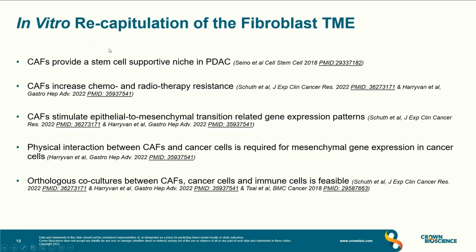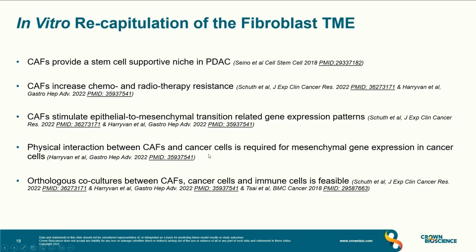We already know that fibroblasts can provide a stem cell supportive niche, especially in pancreatic cancer. We know that CAFs increase chemo and radio resistance, and stimulate mesenchymal features and metastasis by being involved in epithelial to mesenchymal transition.